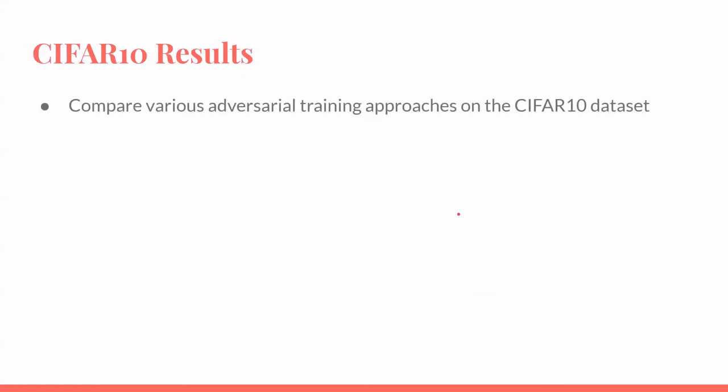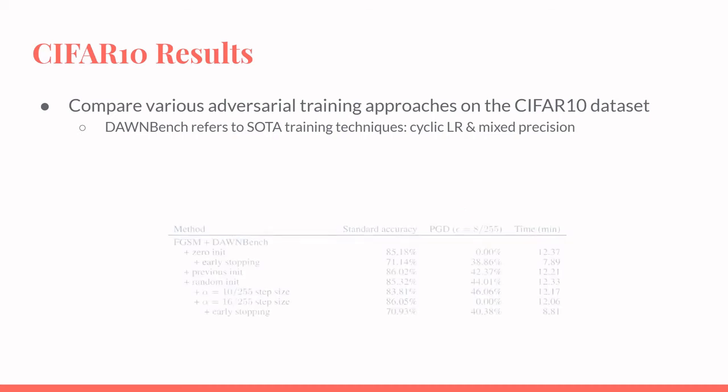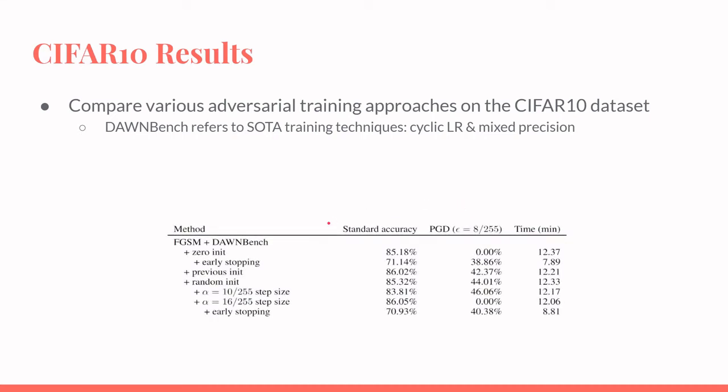For CIFAR10 results, they again compare various adversarial training methods using DAWNBench techniques. Here we see FGSM with different DAWNBench techniques and zero and random initializations, compared against standard models, the standard accuracy, the PGD attack, and the time taken for the model.